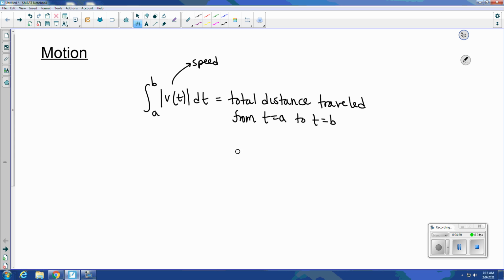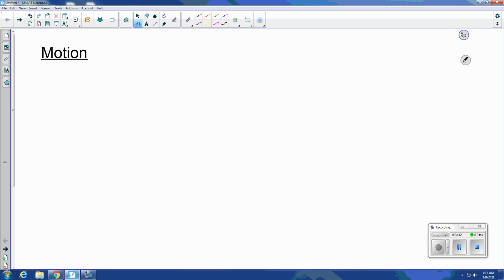And then lastly, the thing you want to be aware of for motion is if we have a velocity function and we have our current position, can we calculate our position after some time period? So if we have some velocity function and we have an initial condition, like s of a equals some value c, what this means is we have a velocity function, and we have our position at time t equals a.